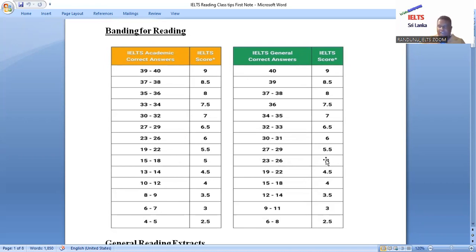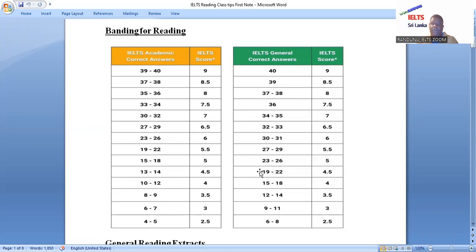In order to get band 5, if you are doing academic, you need only 15 marks. Out of 40, 15 is enough. But if you are doing general, out of 40, you have to get 23.